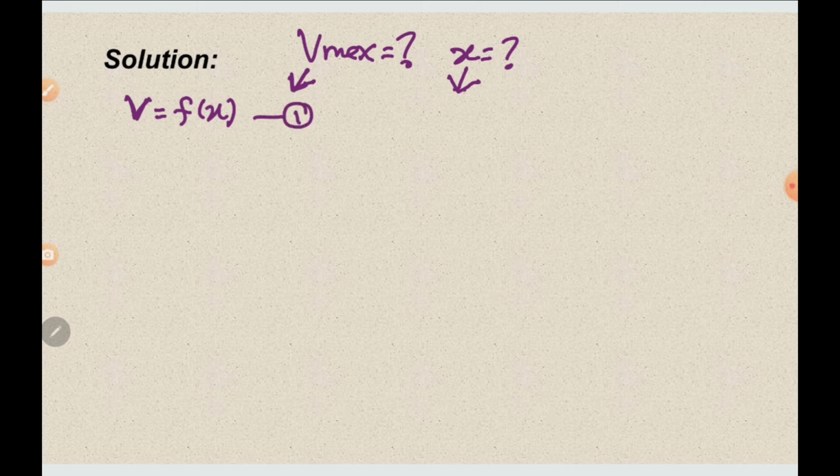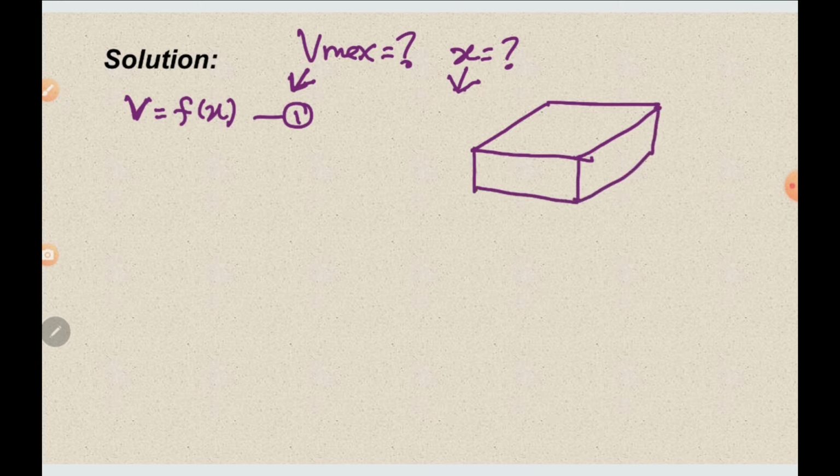You have to imagine that when you cut the corner you will get a box like this, and the length of the box is 12 minus 2x. This one is also 12 minus 2x, and the height of the box is x.